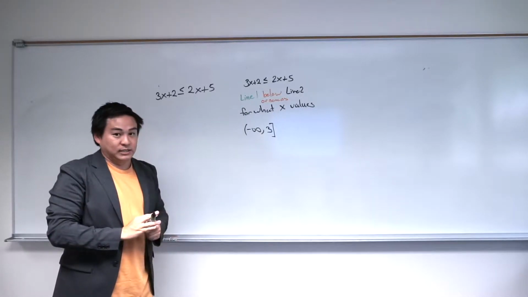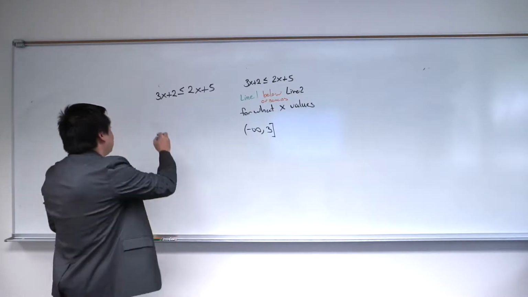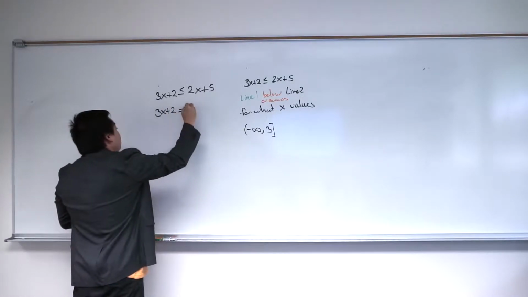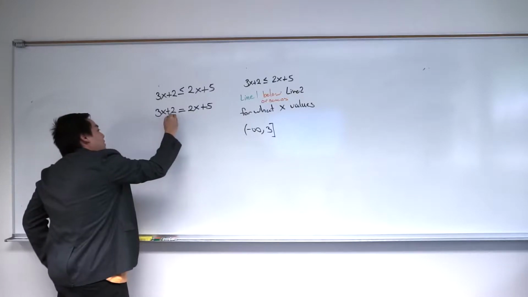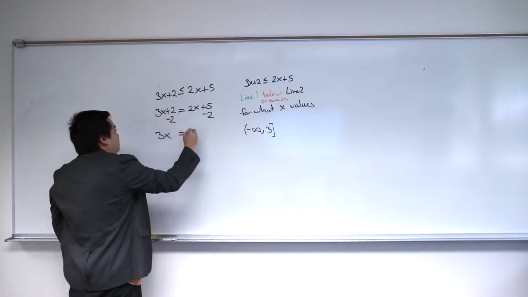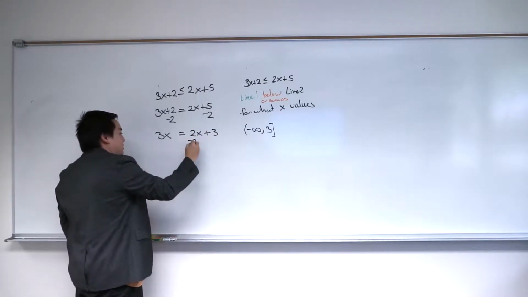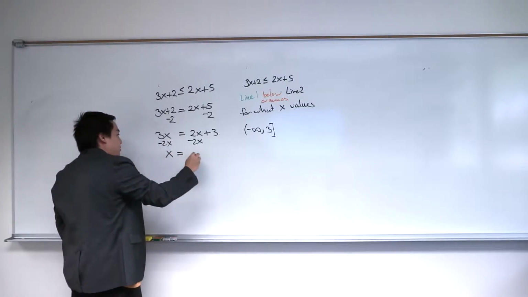So I'm going to switch it out and show you that they're actually the same. So let's pretend that it was like this. If I subtract 2 from both sides, we get 3x is equal to 2x plus 3. And then bring the minus 2x over. So we get x is equal to 3.